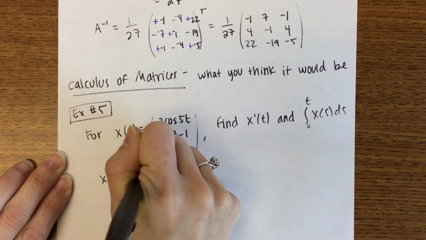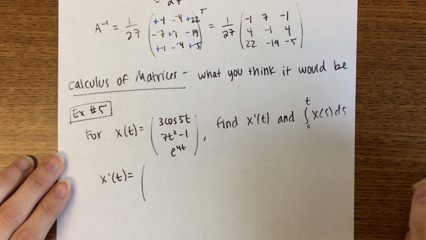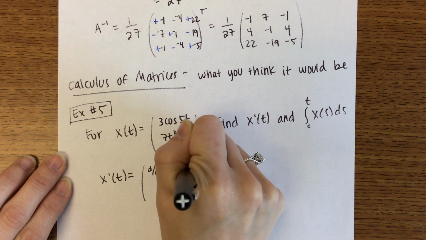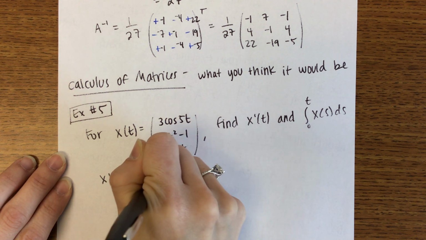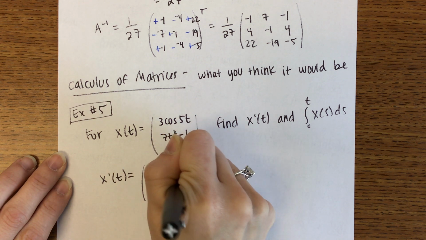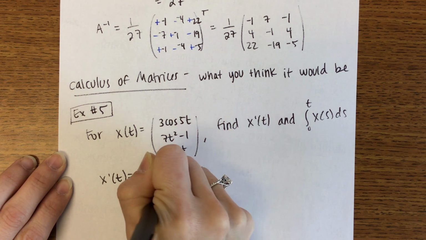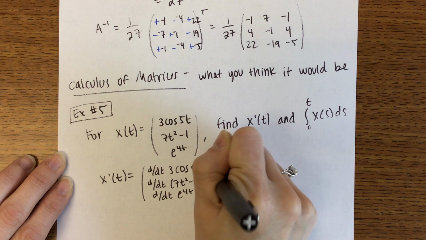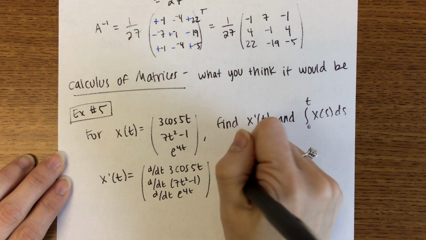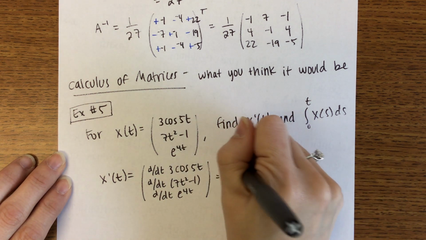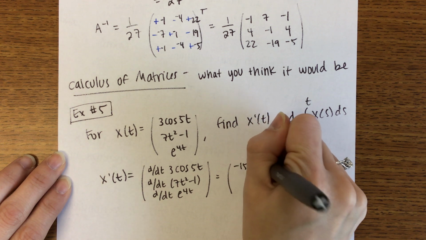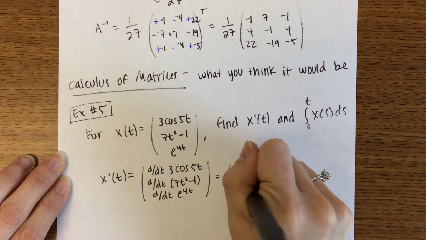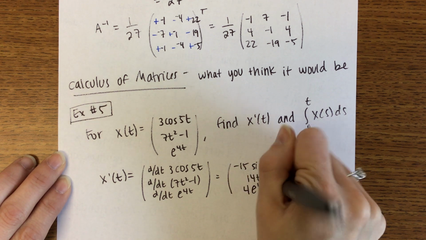If I'm taking the derivative of the matrix, I just take the derivative of every element. So this will be negative 15 sine of 5t. This will be 14t, and this will be 4e to the 4t.